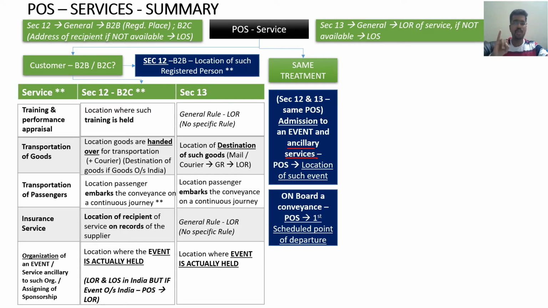So admission to the event and services provided on board a conveyance both have the same treatment in section 12 and section 13. So don't see whether the customer or the supplier is in India or outside India.